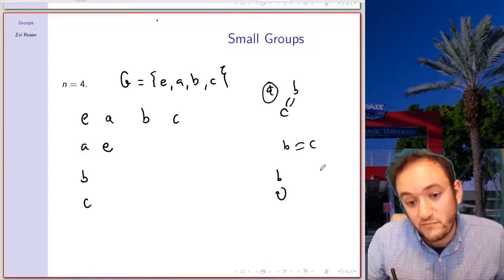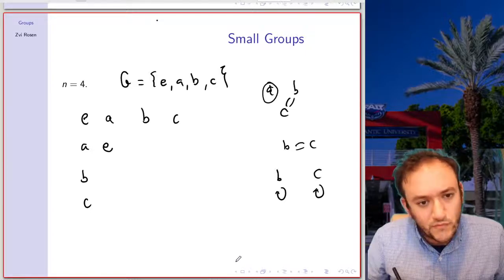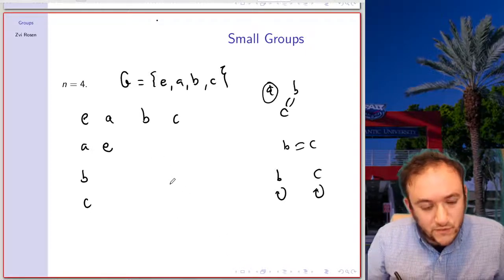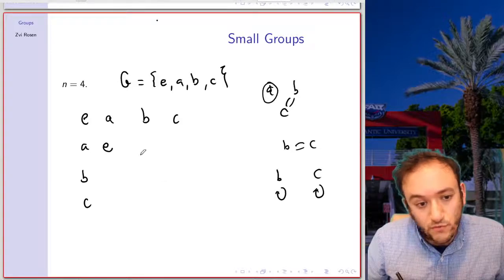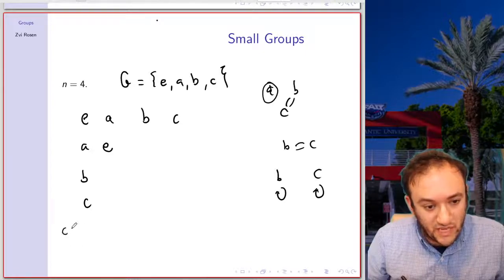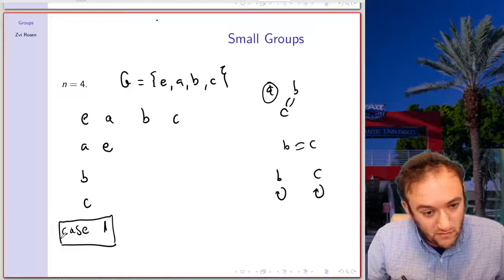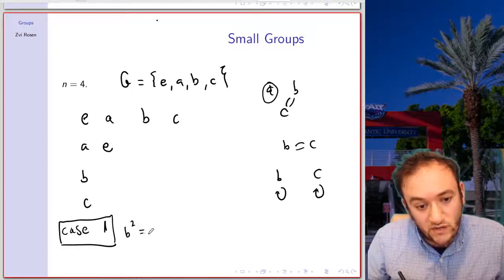So it could also be that B is its own inverse and C is its own inverse. Let's suppose for right now, and this will be case 1, that B squared equals E and C squared equals E.